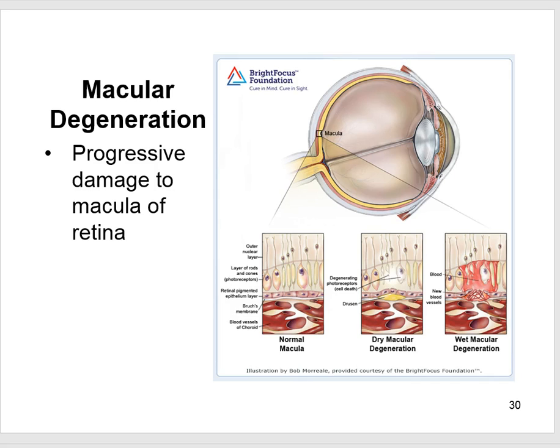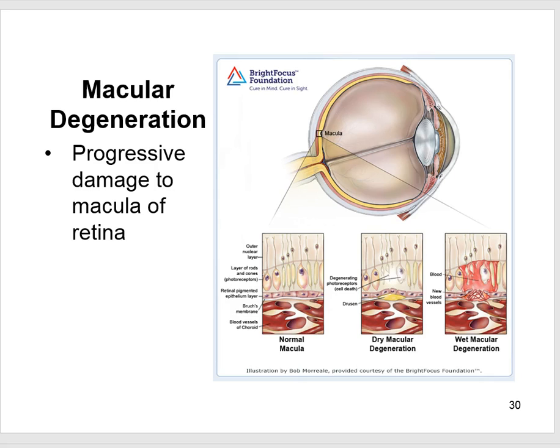So in dry macular degeneration, you have Bruch's membrane, which is a deep collagen membrane, that lies between the retina and choroid layers of the eye. With increasing age, Bruch's membrane loses its ability to control diffusion of serum into the retina. As a result, drusen, which is a fluid precipitate, form beneath the retina.